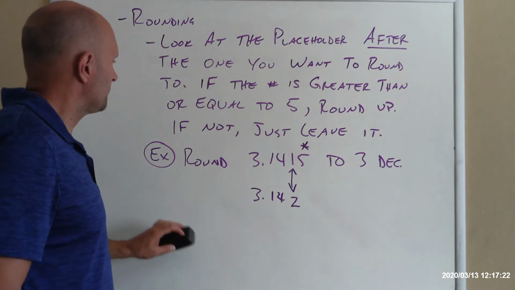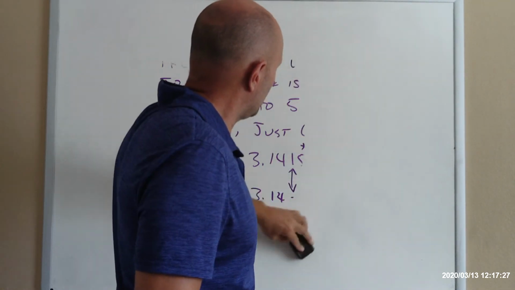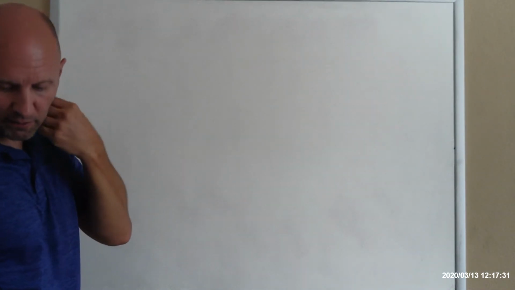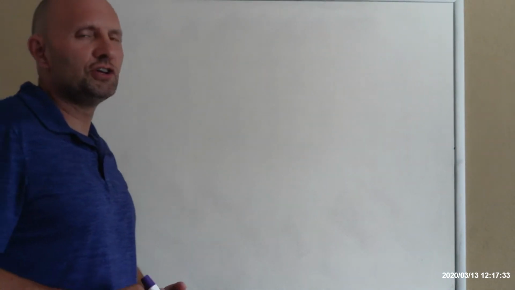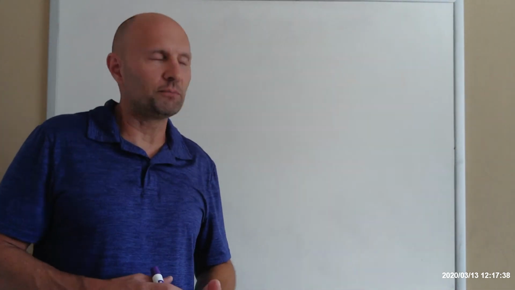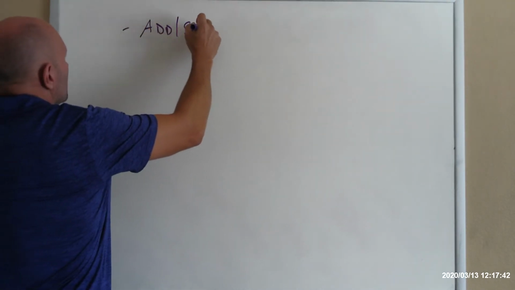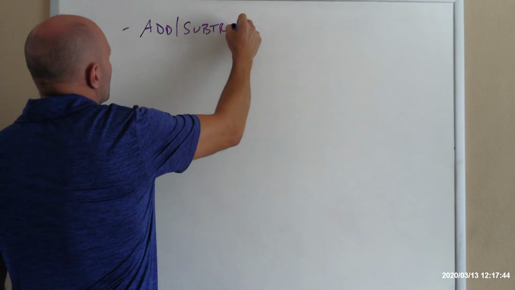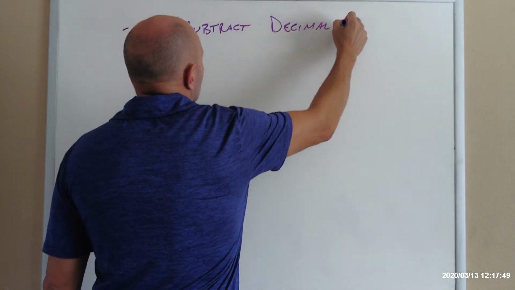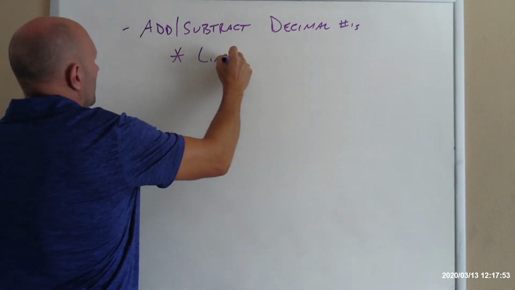All right. So again, you guys will have some practice on that. We'll do some of those during class time. Make sure you guys are comfortable with rounding, but that's the idea behind it. With addition or subtraction of decimals, the key there is to line up the decimal place. So if you're going to add or subtract decimal numbers, we want to line up the decimals.